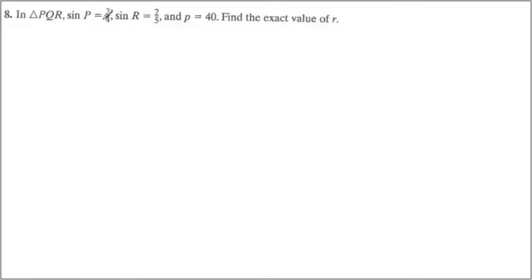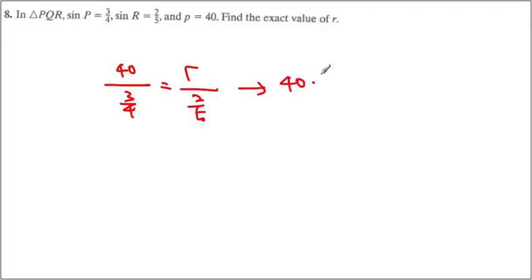Then here we have p over sine of p, which would be equal to 40 over 3 over 4, must be equal to the value of r, which we do not know, over sine of r, which is 2/5. Once again, once you cross multiply, we'll end up getting 40 times 2 over 5 and then 3r over 4.